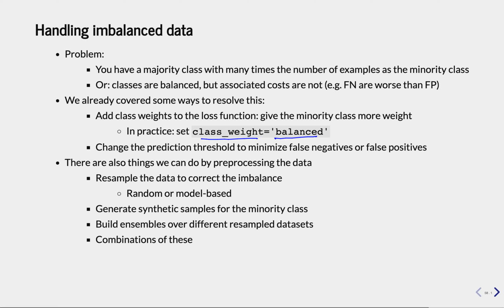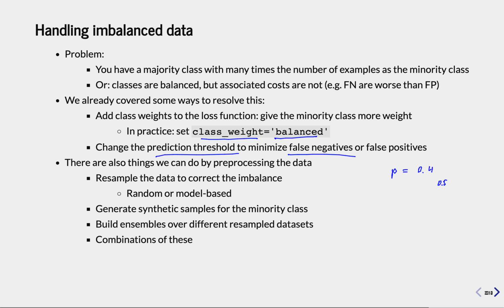Another thing we can do is change the prediction threshold to minimize false negatives. Say you have a prediction with probability 0.4, but this is actually a positive point, and the model predicts 0.4, so that's a false negative.